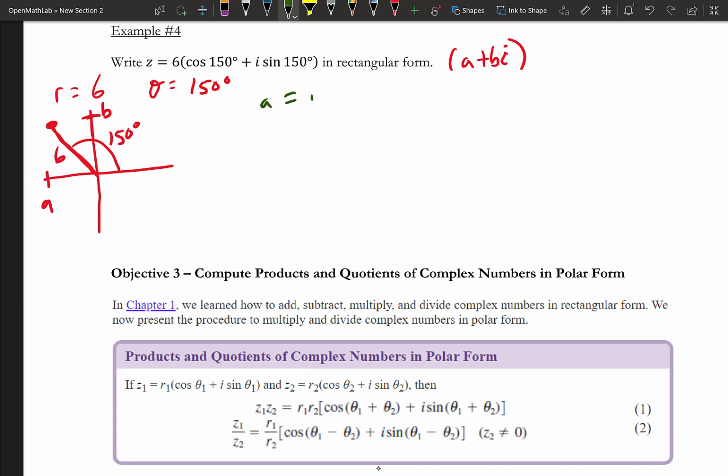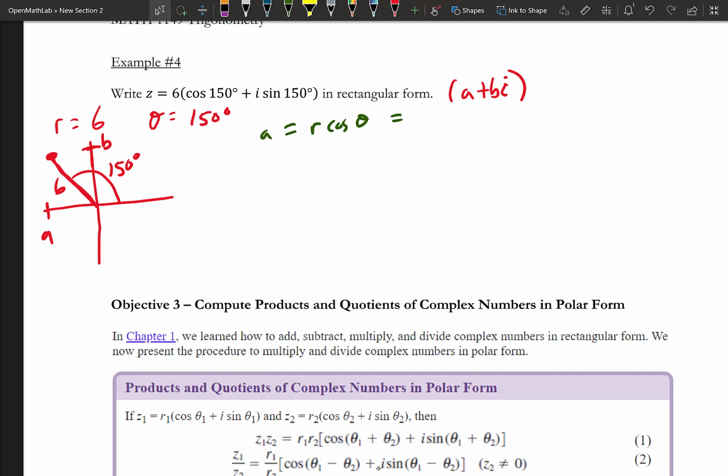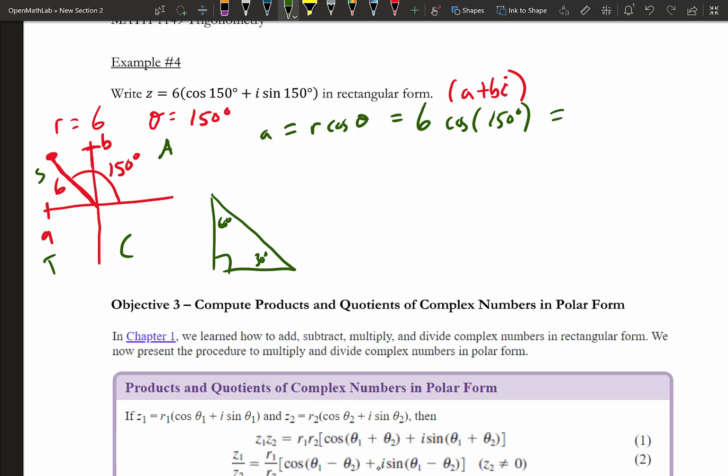So a is equal to r cosine theta, that we talked about before. So just plugging those values in, r is 6, and then we'd have cosine of 150 degrees, which equals, so then, remember, all students take calculus, and what we have is this situation where this would be 30 degrees.